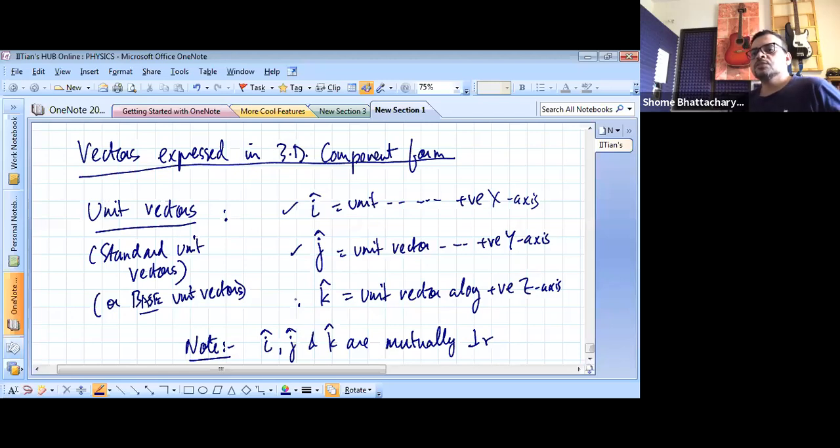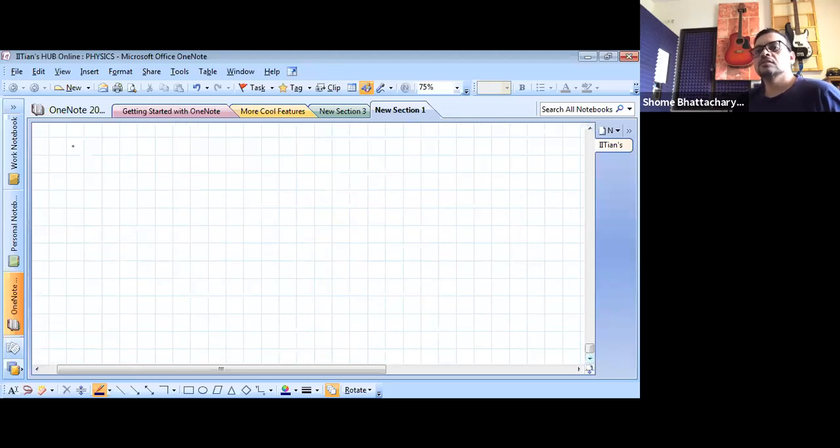Okay, so once we have expressed k cap also, next we'll see a vector in component form. It now becomes like this.